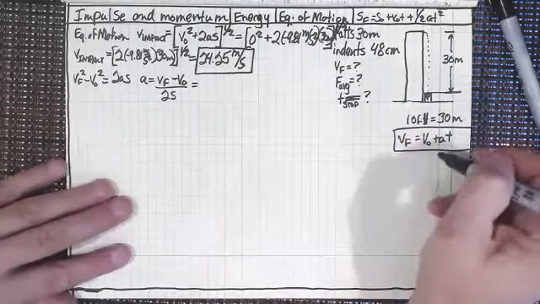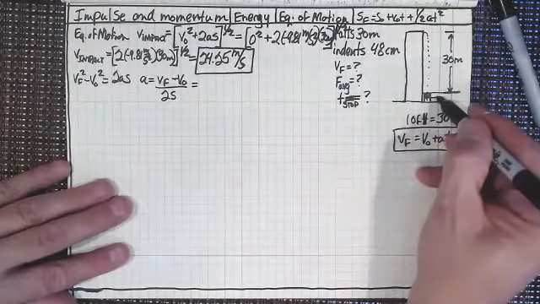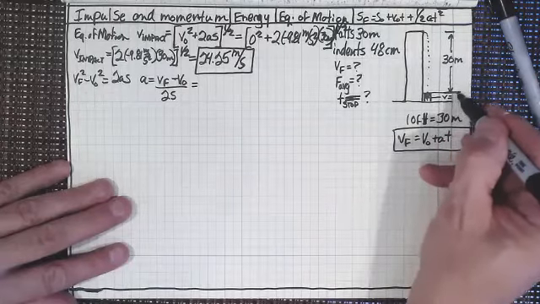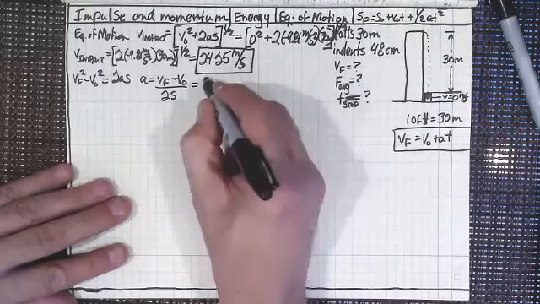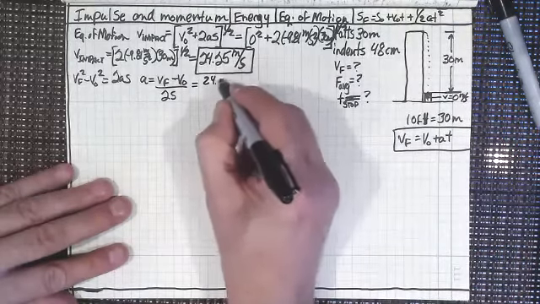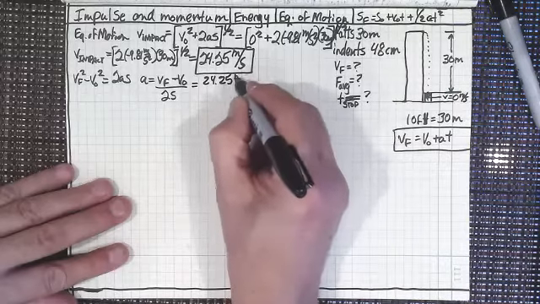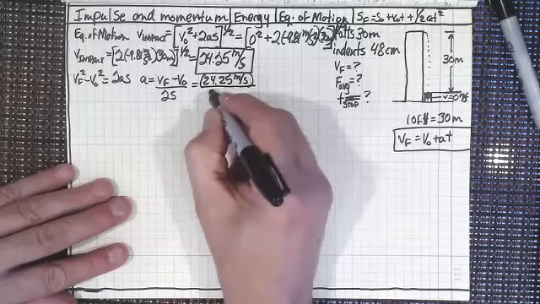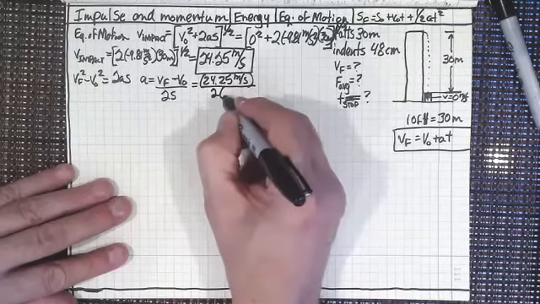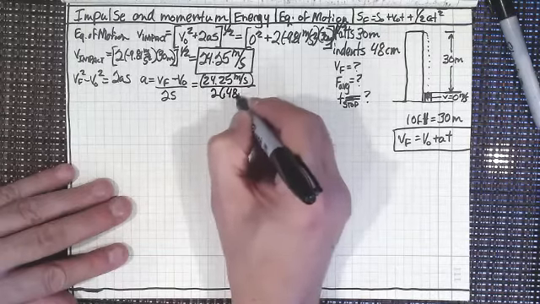So if I did that, I know that my final velocity here is going to be V equals 0 meters per second, right? And when it hit here, it was just above that. So I've got 24.25 meters per second divided by 2 times 0.48 meters.